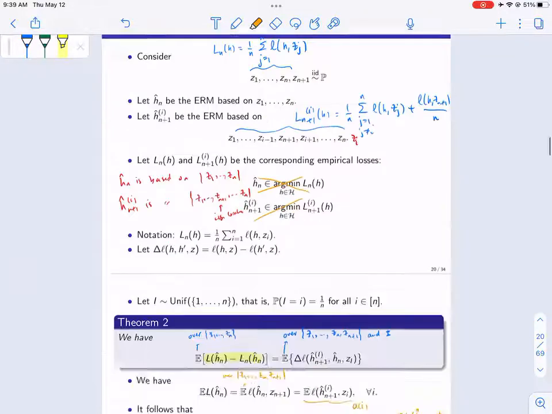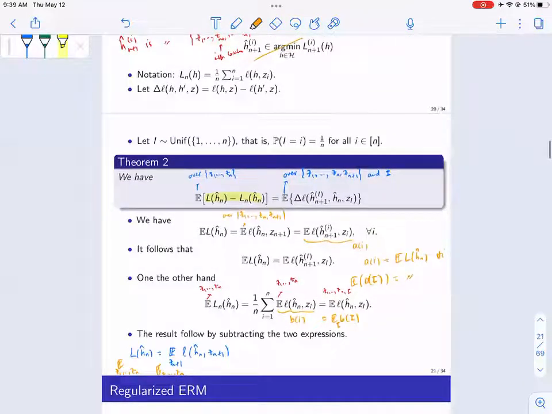And then we had this result that if you randomly select one of these coordinates and switch it out, so i is a uniformly distributed random index on 1 to n, I can relate the difference in the population and empirical loss for this empirical risk minimizer to the difference in losses that I pay between these two estimators at this random Zi.